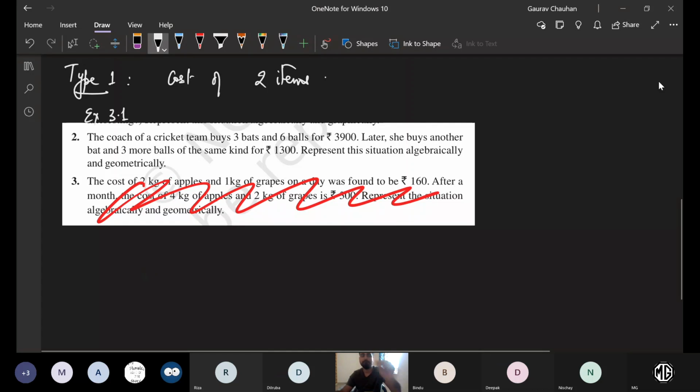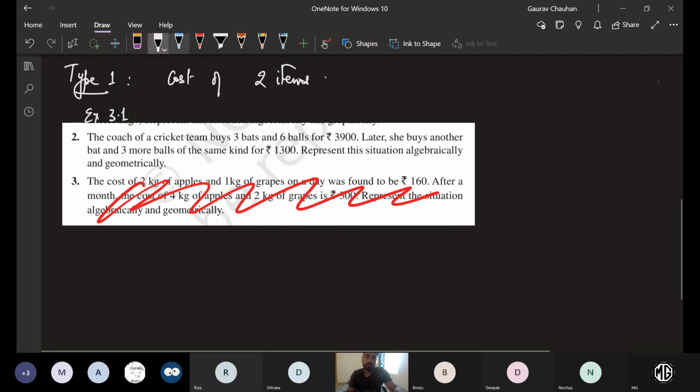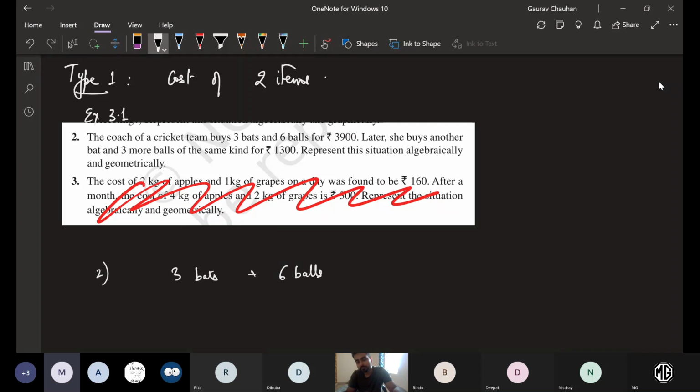Manasa, come on, let's do it together. Yes, sir. Sir, 3 bats plus 6 balls equals 3,900.